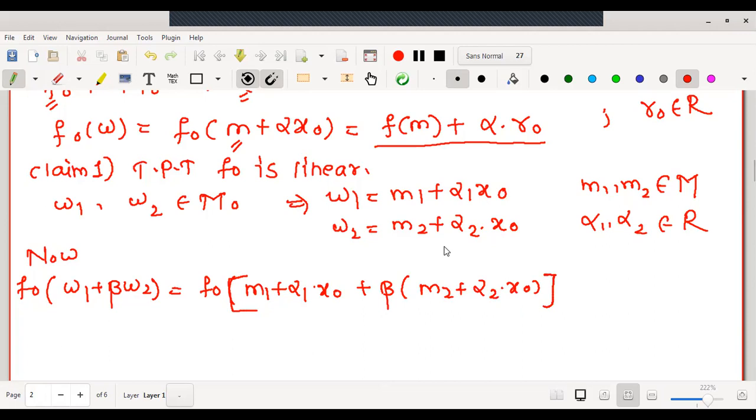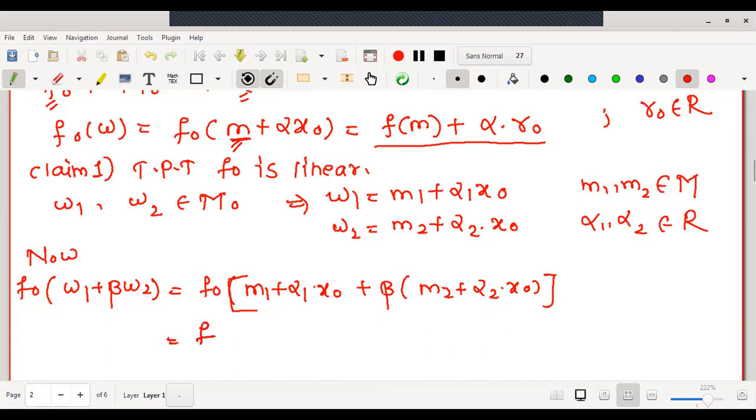In order to take f naught image of this linear combination, we'll recall the definition. F naught image of m plus alpha x naught is defined as, first, f image of an element in m, alpha taken as it is, x naught will be mapped to r naught.